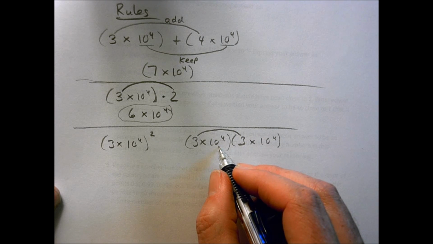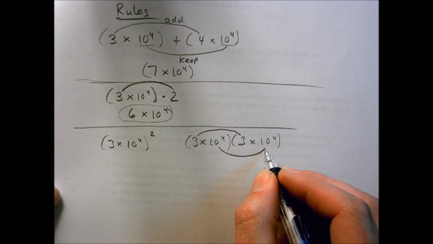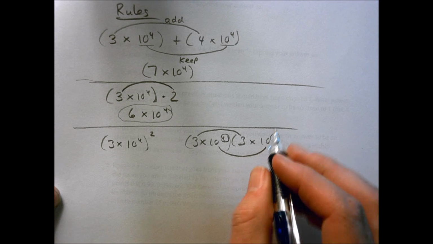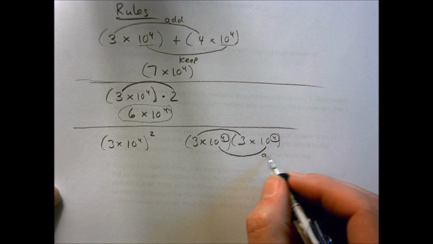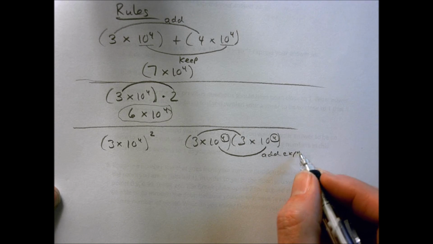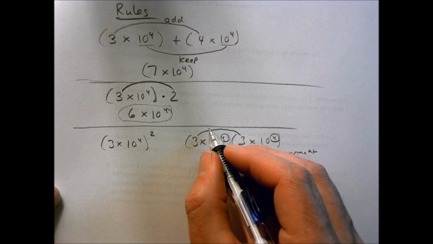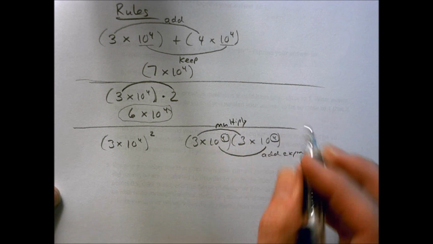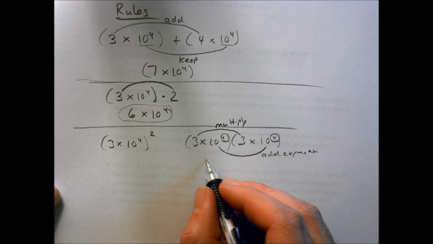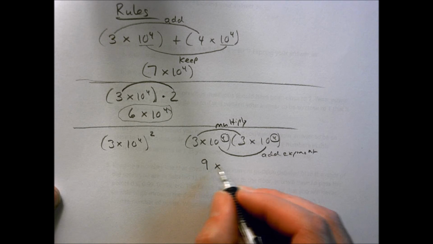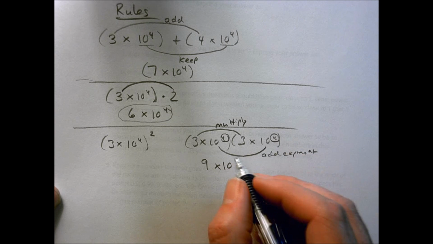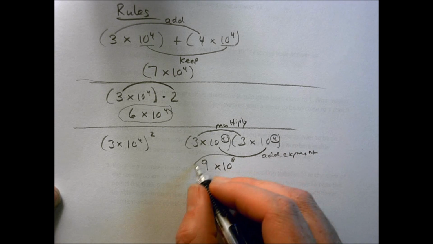When you multiply things of the same base, what do we do to the exponents? We add the exponents here, and then we multiply these. So 3 times 3 is 9, and for the exponents, 10 to the 4 plus 4 is 8. And that's what we get there.